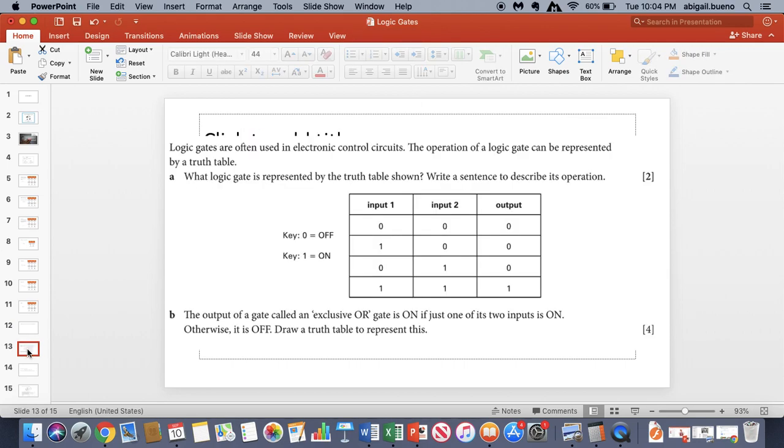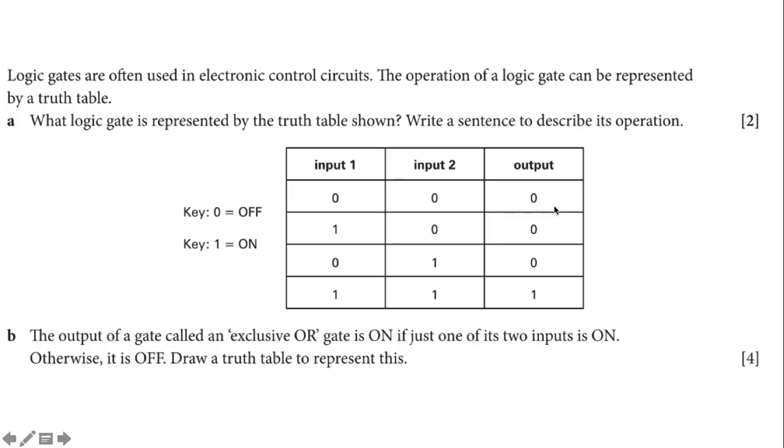Okay? So let's try answering these questions. If you want, you can pause your video and then try answering this first on your own. Okay, but let me try discussing this. Logic gates are often used in electronic control circuits. The operation of a logic gate can be represented by a truth table. What logic gate is represented by the truth table shown?